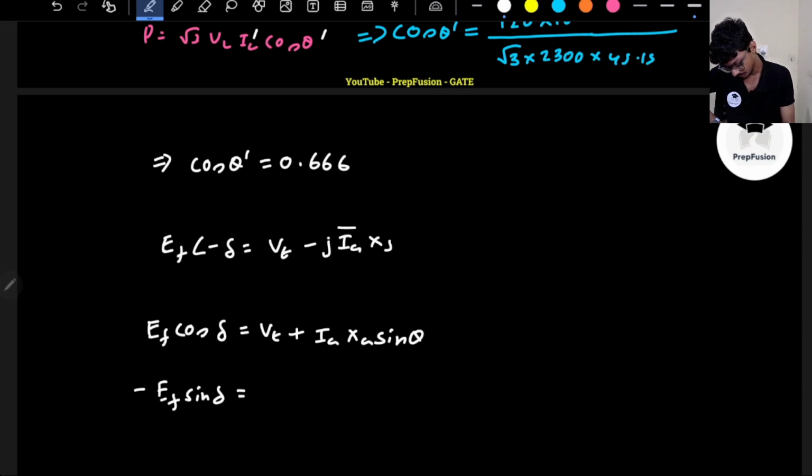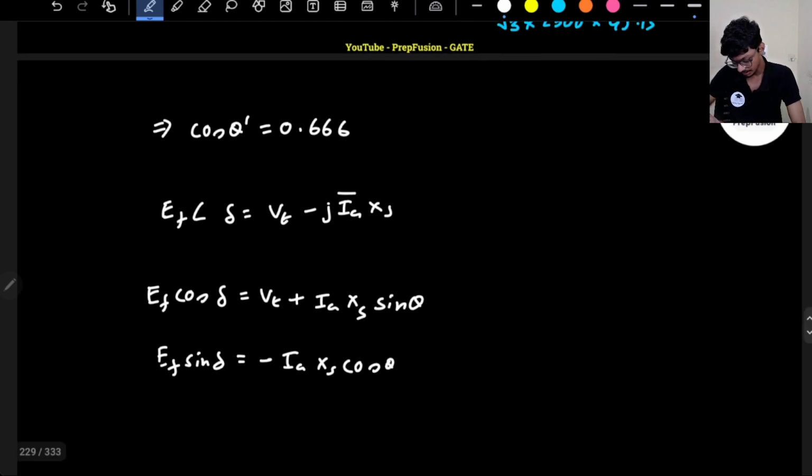And your EF sin delta will be equal to, directly, minus of, because this is minus delta, right? Negative. Delta anyway will come out to be negative, that is fine. You don't write delta minus. So this will be minus of Ia XS cos theta.